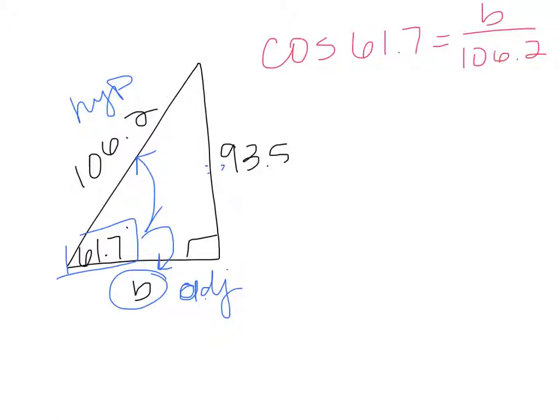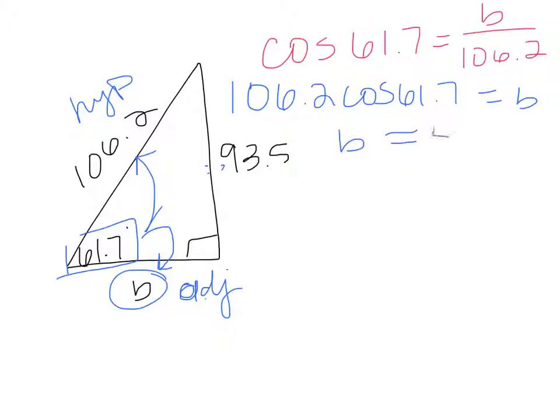I'm going to multiply by 106.2 on both sides, so that 106.2 cosine of 61.7 is equal to B. I'm going to type that into my calculator. You don't have to change it into degree mode again. It should stay in degree mode until you change it. And you should get that B is about 50.3.